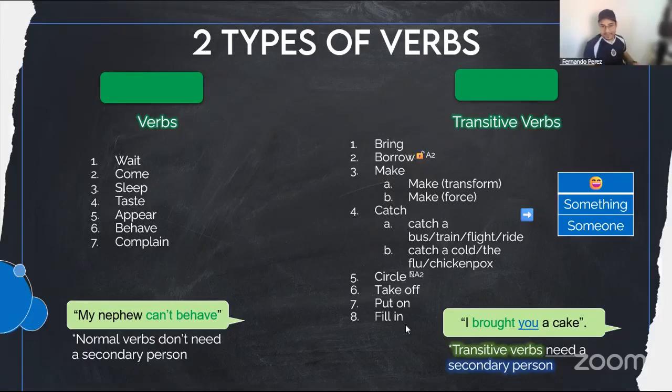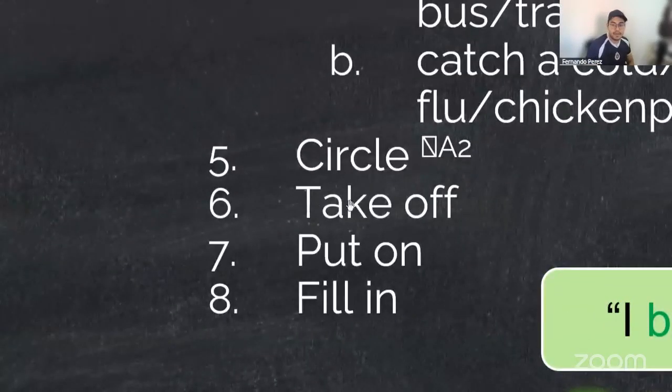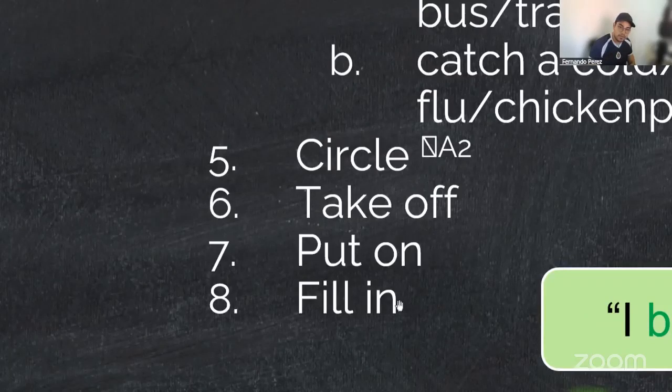And then at the end, we have very interesting verbs. Take off, put on, fill in. The verbs take off, put on, and fill in are words called phrasal verbs.